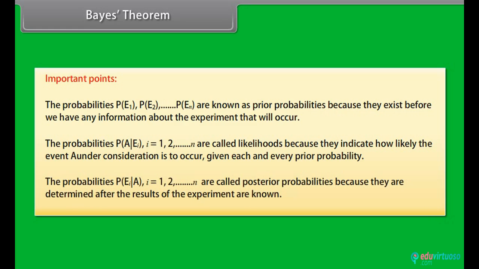The conditional probabilities of Ei when A is given, i equal to 1, 2 up to n, are called posterior probabilities because they are determined after the results of the experiments are known.